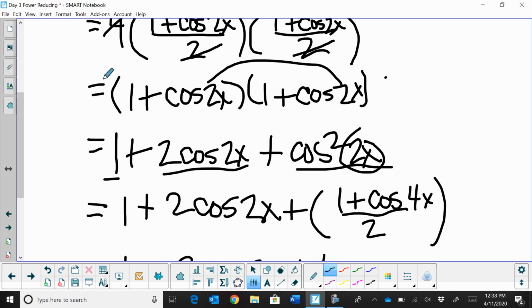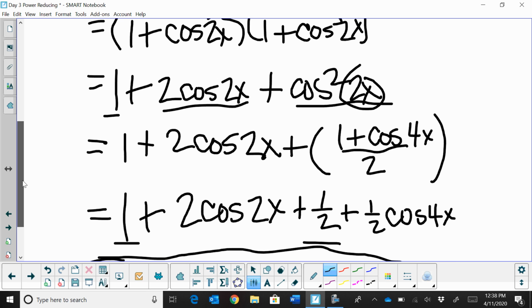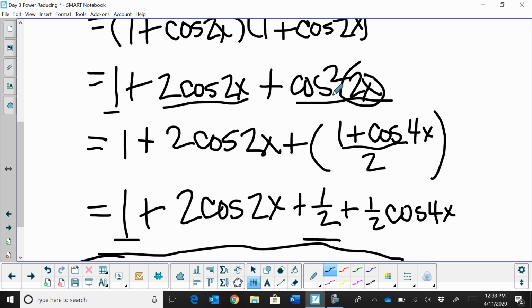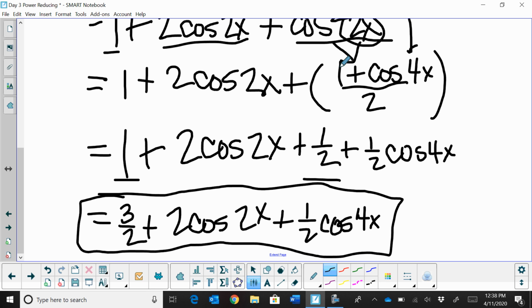Then we had to multiply these together, so we FOILed it out, which then created a second degree. We took that second degree, we replaced it with a power reducer with a doubling of the angle. Then we simplified that into two parts, 1/2 and then 1/2 times cosine 4x, and we combine the half with the 1 and we're done.